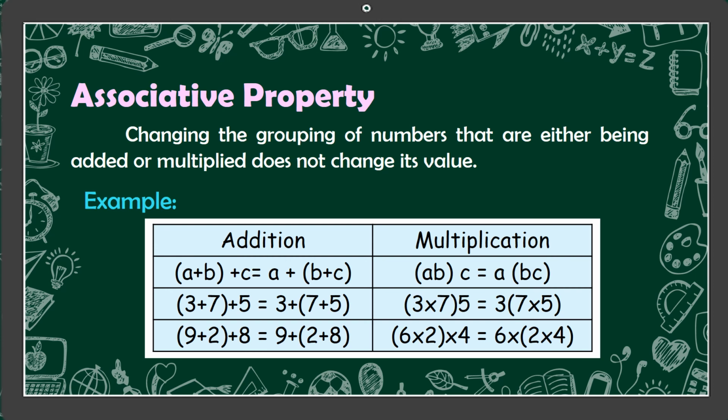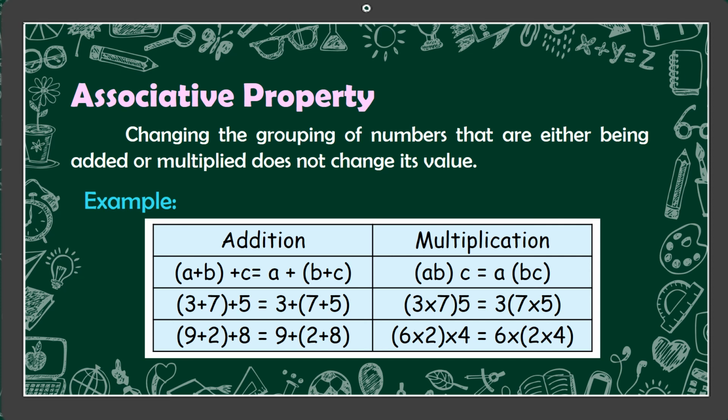Another example, quantity 3 plus 7 plus 5 is equal to 3 plus quantity 7 plus 5. Magkaiba man ang groupings nila, sa una ay 3 plus 7 at sa pangalawa ay 7 plus 5, kapag in-add natin yan parehas, they will arrive with the same answer. Same with the quantity 9 plus 2 plus 8 is equal to 9 plus quantity 2 plus 8.